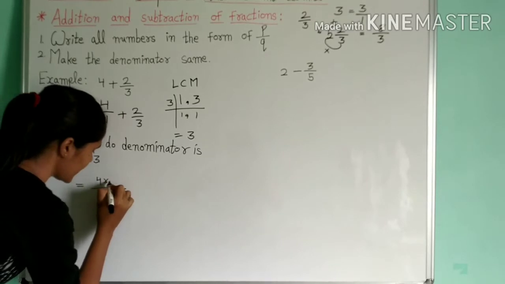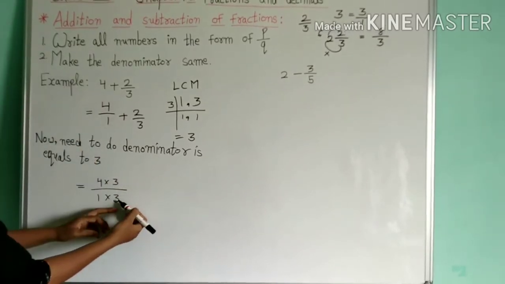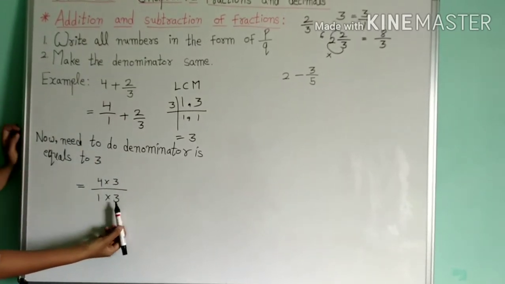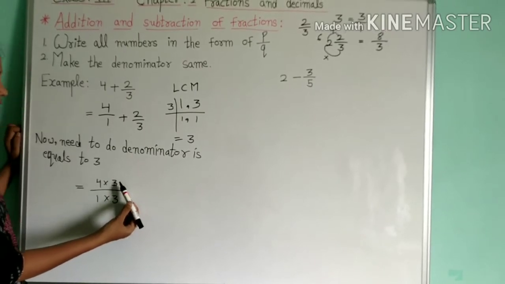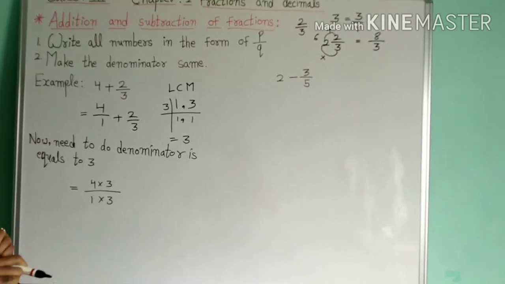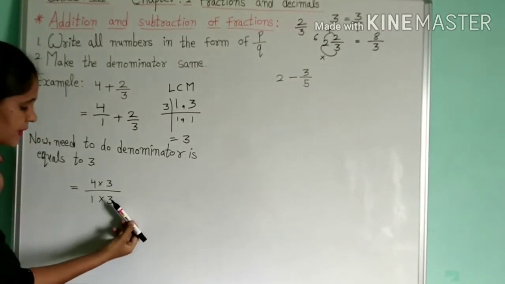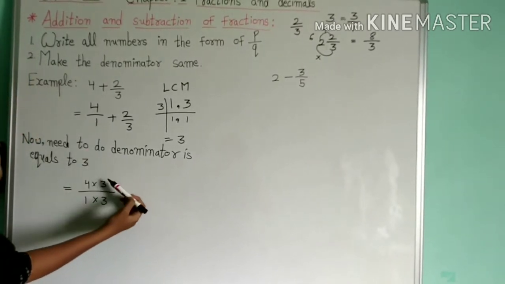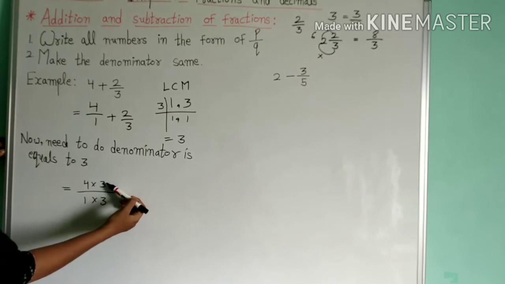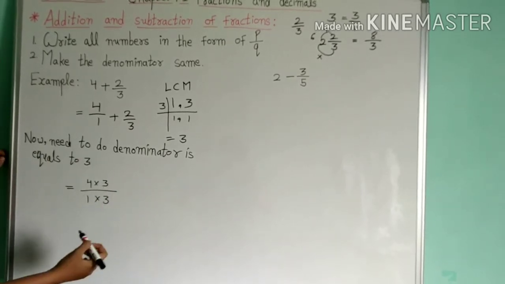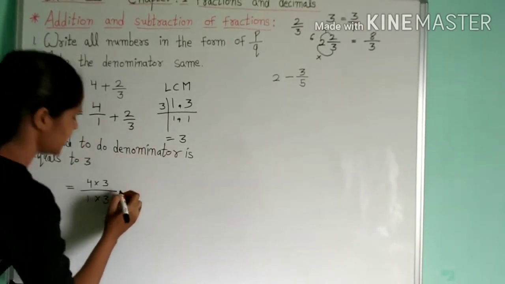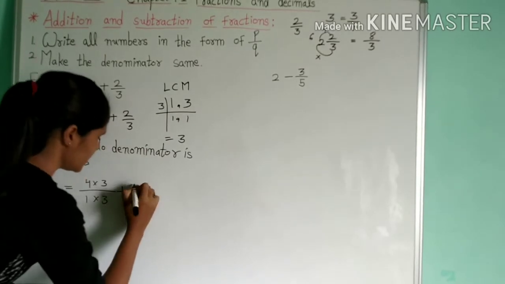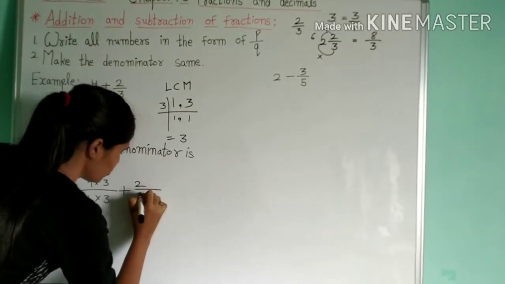Why do we multiply? See, here we have to multiply. Why did we multiply here as well? Because the mathematics rule is that when we multiply the denominator, we also multiply the same number with the numerator. Okay? Then the plus sign, then 2 by 3.